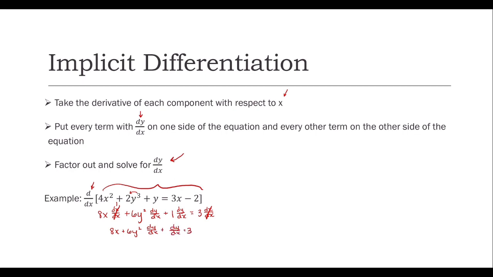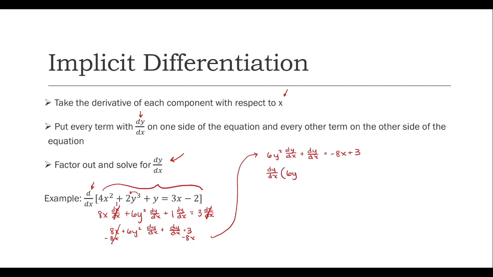So if we wanted to solve for dy dx, we could subtract 8x from both sides, and that would give us 6y squared dy dx plus dy dx equals negative 8x plus 3. We could factor out a dy dx on the left side.